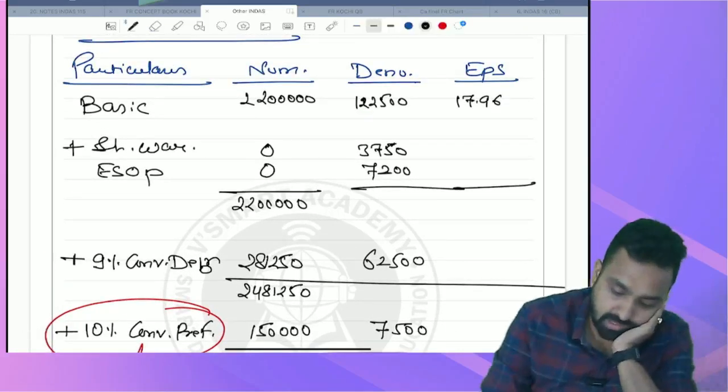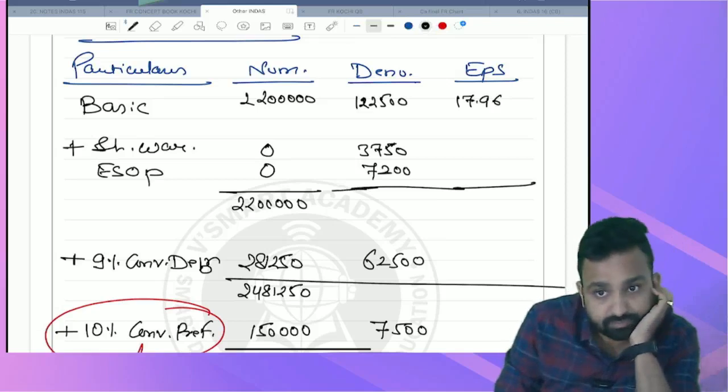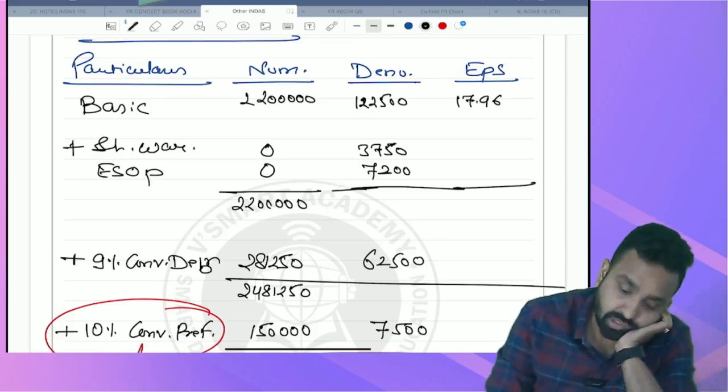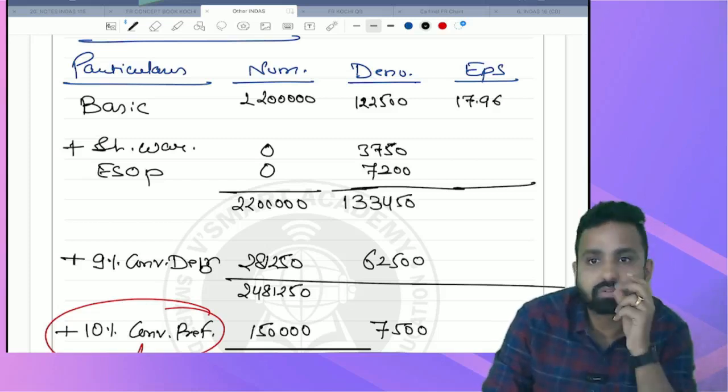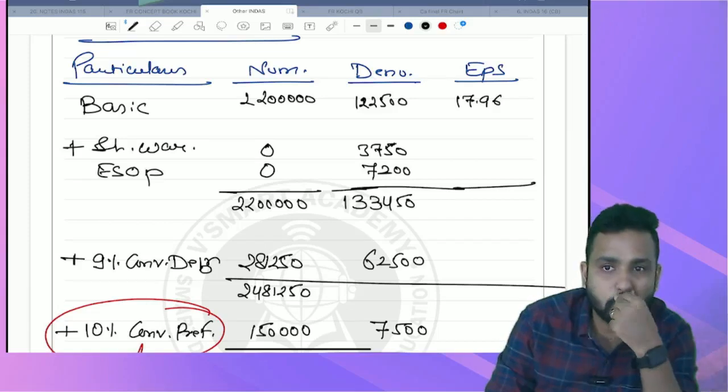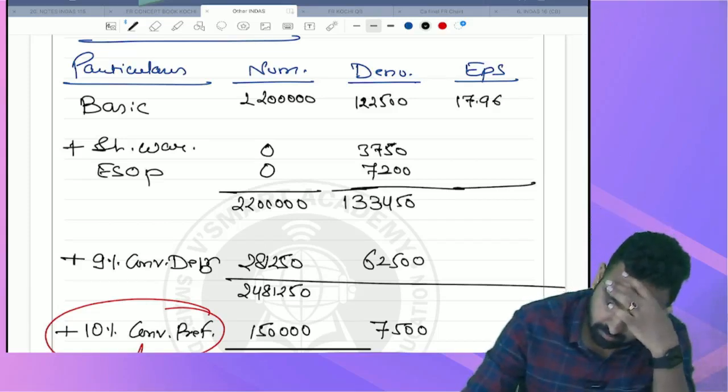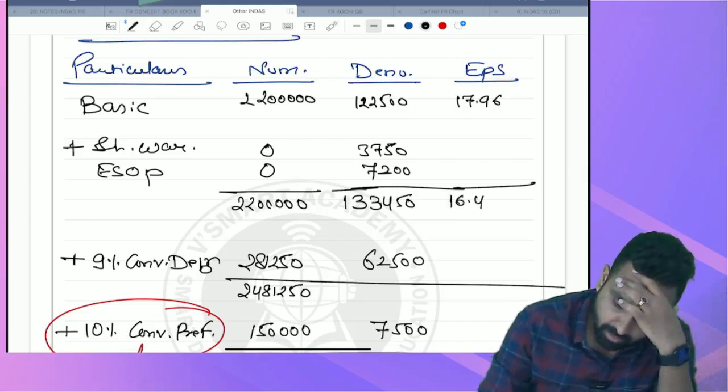Can you please tell me the figures? The denominator. 133. 33, huh? 33. Tell me how much? 16.49.